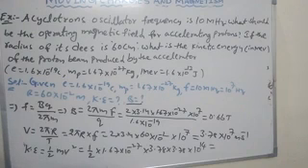First you will get the answer in joules. That joules you convert into mega electron volt. 1 mega electron volt is equal to how much? 1.6 into 10 power minus 13 joule. 1 joule is nothing but 1 by 1.6 into 10 power minus 13 mega electron volt.